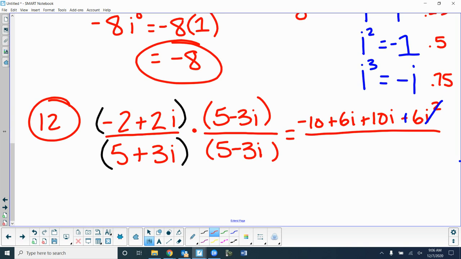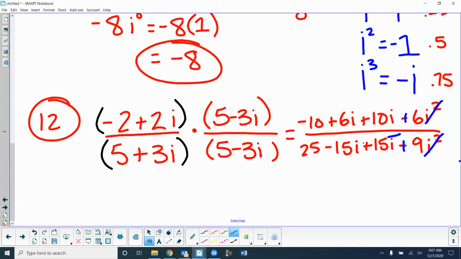On the bottom, there's a shortcut, but I'll do the FOIL. And I'll remind you the shortcut. First is 25. Outside, 5 times negative 3i. Inside, 3i times 5 is positive. And last is negative 9i squared. So I'm going to remember that's like negative 9 times negative 1 again, which is positive 9.